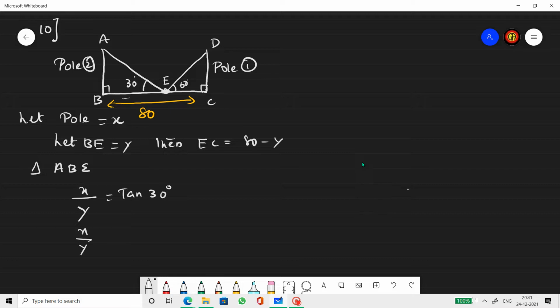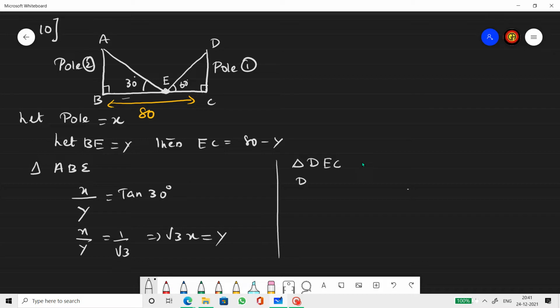X by y equals 1 by root 3. So that means you get root 3x equals y. Then take triangle DEC.